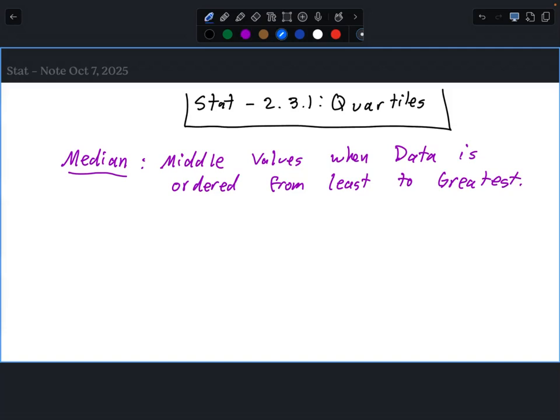Now, more importantly, the median is the value that splits the data in half. Okay, that's another way of saying it. It's the value that splits the data in half.